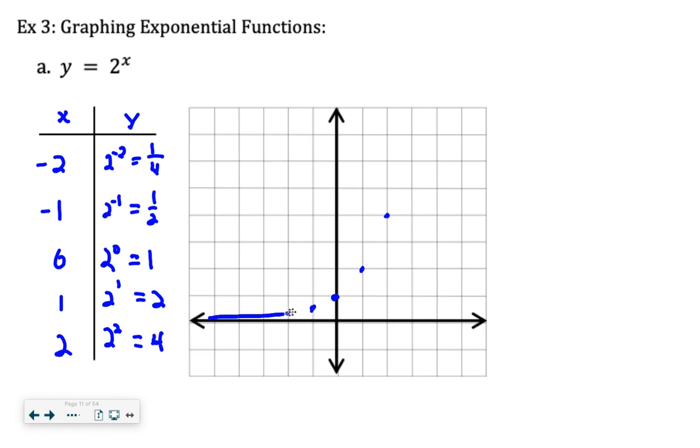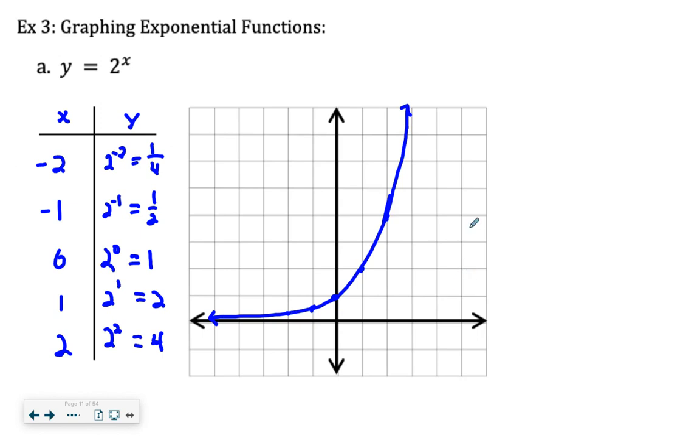Now, this function is actually going to have an asymptote at y equals 0, at the x-axis. This graph is never going to cross the x-axis. Okay, so this is what a basic exponential function would look like.